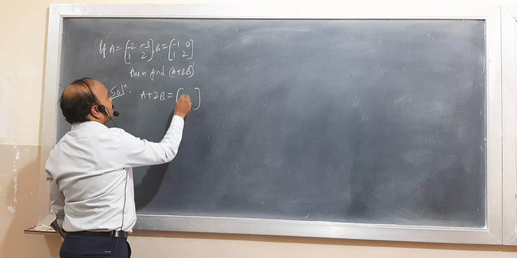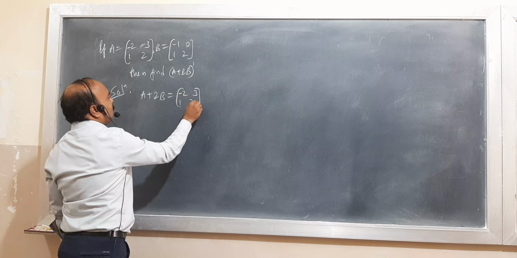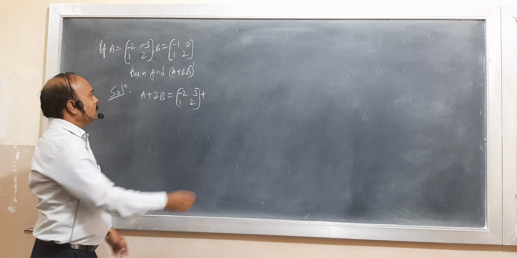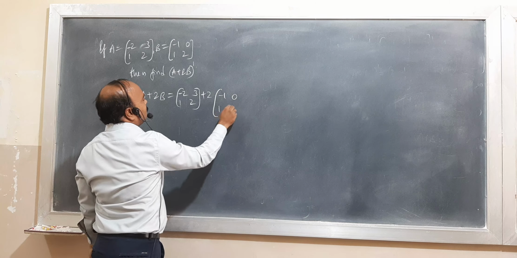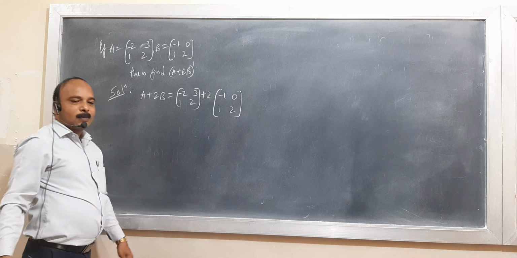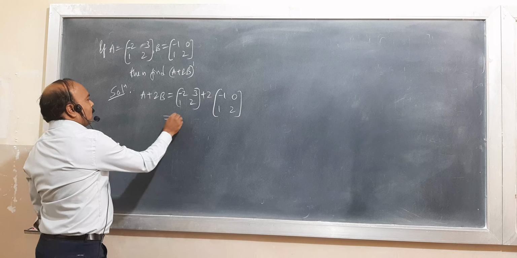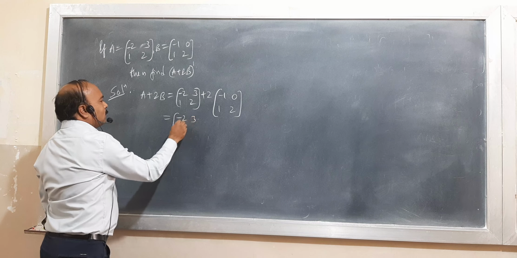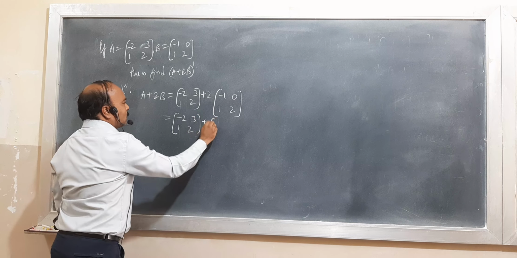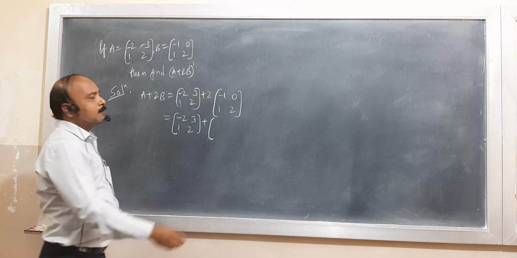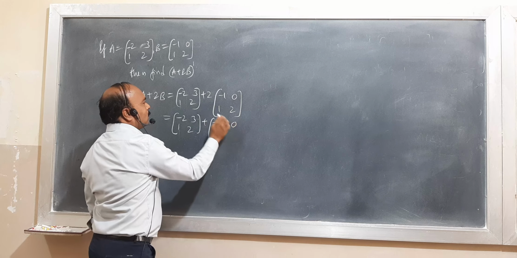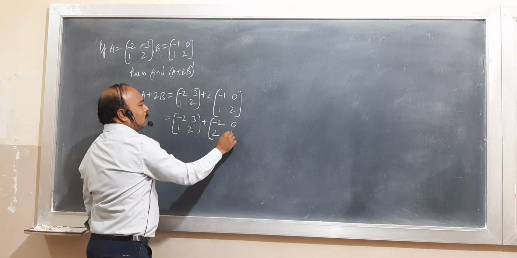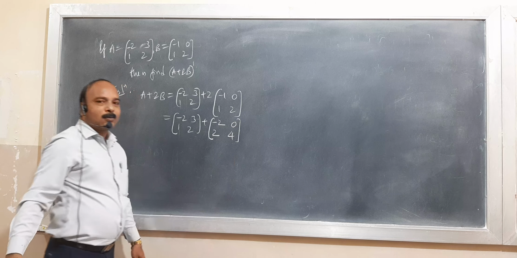A is [-2, 3, 1, 2] as it is, plus 2 as it is, B matrix is [-1, 0, 1, 2]. Now we simplify. [-2, 3, 1, 2] as it is, plus scalar multiplication: 2 into -1 is -2, 2 into 0 is 0, 2 into 1 is 2, 2 into 2 is 4.